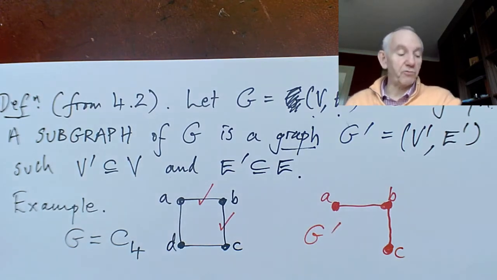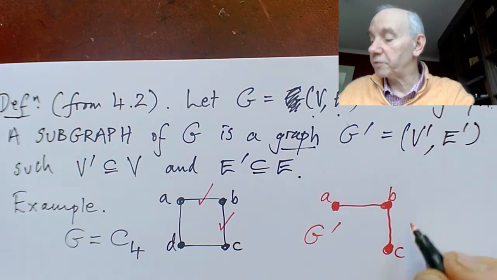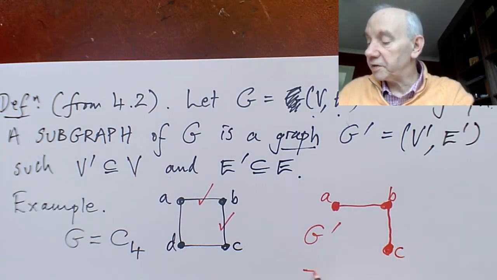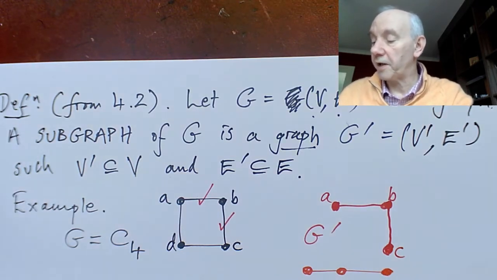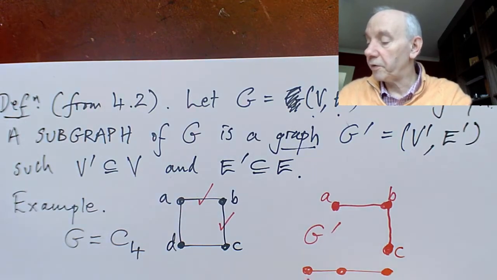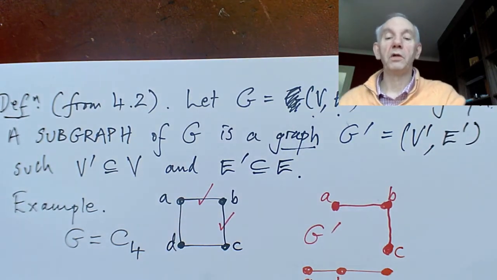Okay, so that is a subgraph. I can draw this in a simpler way, of course, because up to isomorphism, it's the same graph as what's called the path graph, just the vertices in a line. It's the same thing, A, B, C. So that is a subgraph of G.